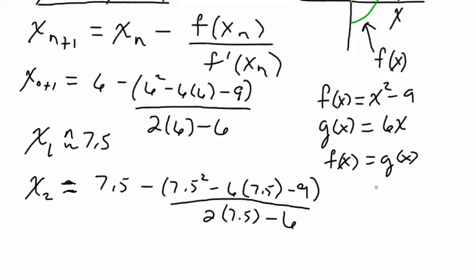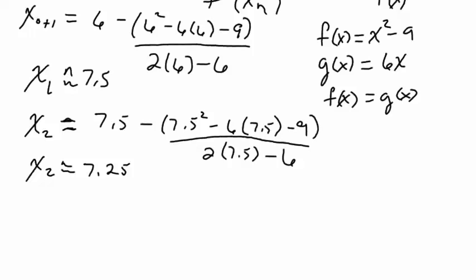I missed that, I had a bad cough. Alright, so we get that, and that is going to be 7.25. So x of 2 is approximately 7.25. I mean, that's actually exactly 7.25.